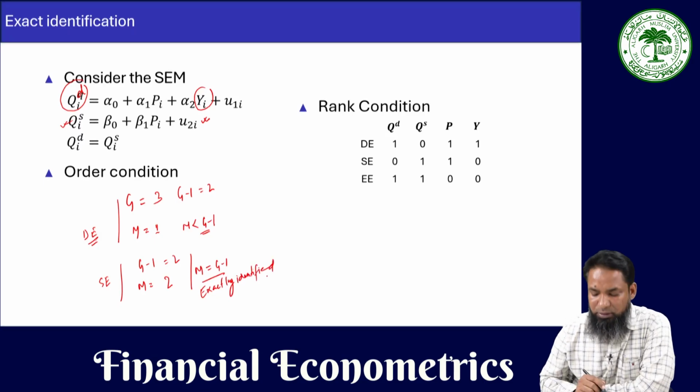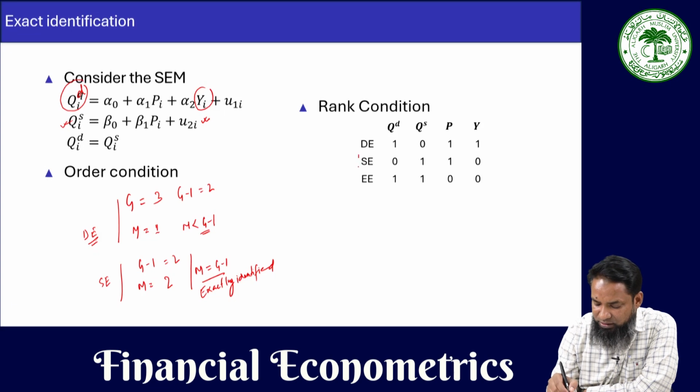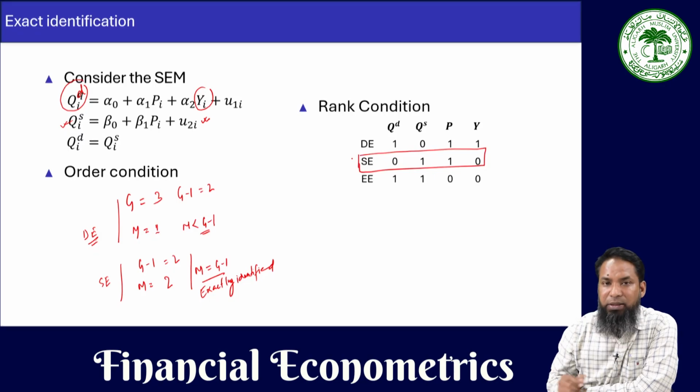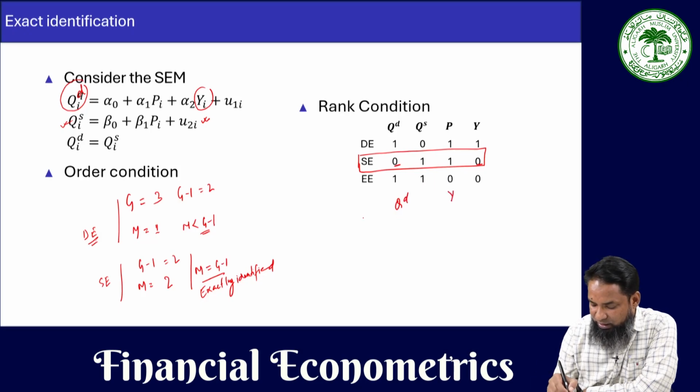Now let us look at the rank condition here. In the rank condition we have 4 columns. We are taking the supply equation. The first task for the rank condition is to delete this row, then consider those columns in which we have 0 elements in that particular equation. So we have this quantity demanded and this is income. Here we have the demand equation 1, and here again 1, and the equilibrium equation 1 and 0.